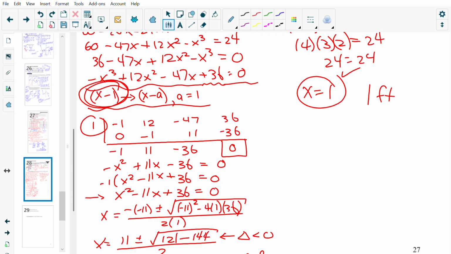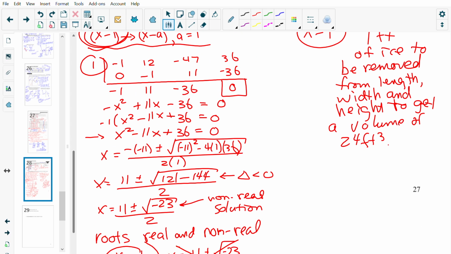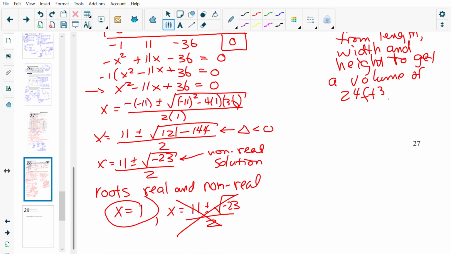Well, what is that? 1 foot of ice to be removed from length, width, and height to get a volume of 24 cubic feet. Okay, last part, verify with technology.